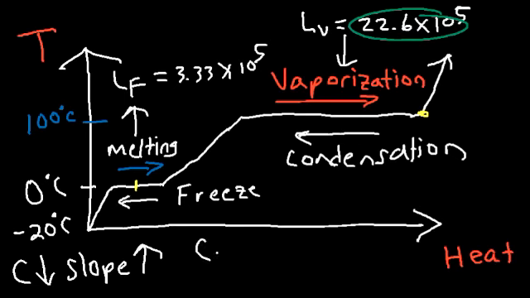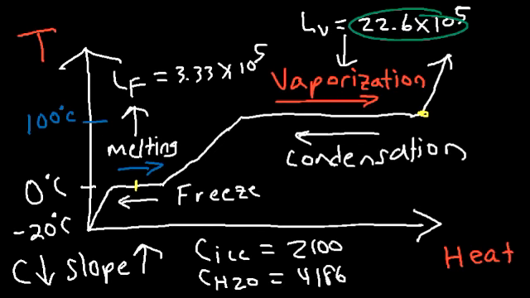The specific heat capacity for ice, we said it's about 2100 joules per kilogram per Celsius, but in the case of water, it's about 4186 joules per kilogram per Celsius. So it takes less energy to raise the temperature of ice by 1 degree Celsius compared to water. So that's why water is not as steep as ice, at least the slope for it.